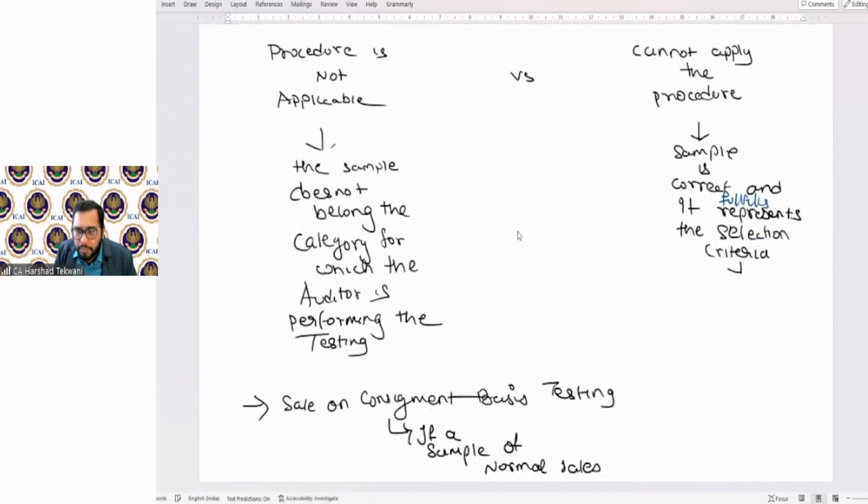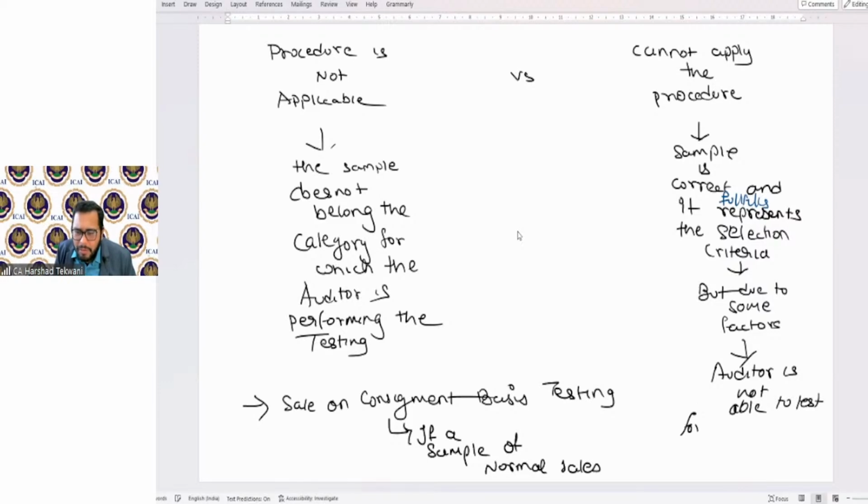But due to some factors, the auditor is not able to test.